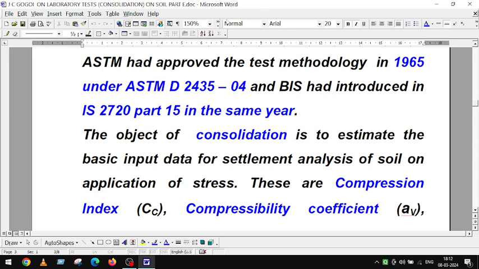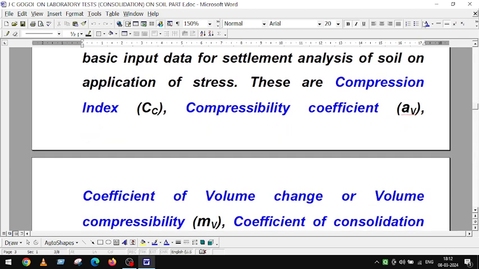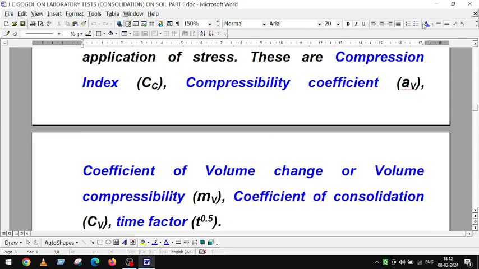These are compression index, which is known as Cc, compressibility coefficient mv, av, coefficient of volume change or volume compressibility is mv, coefficient of consolidation is Cv, and time factor, square root of T.